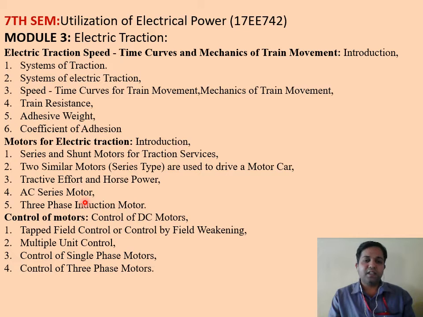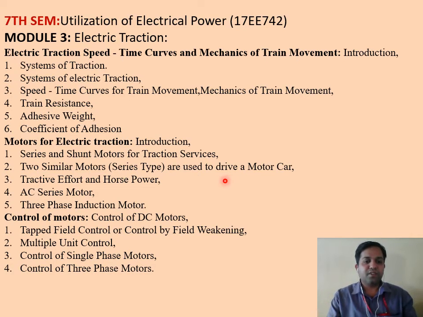After studying the detailed working principle of these motors, we need to control all these motors, right? That is taken care of in the next chapter, the control of motor. How can we vary the speed from minimum to its maximum value?